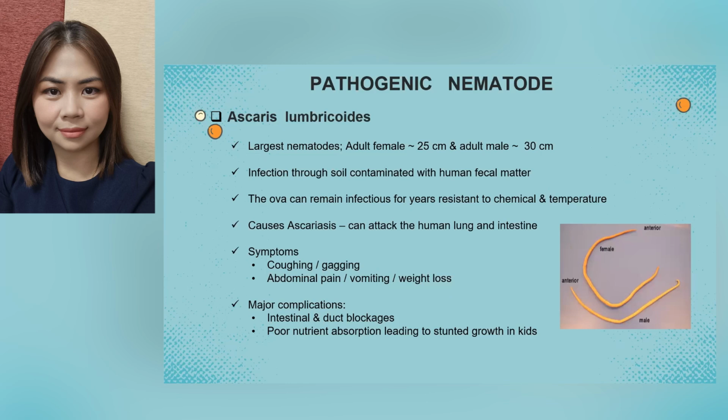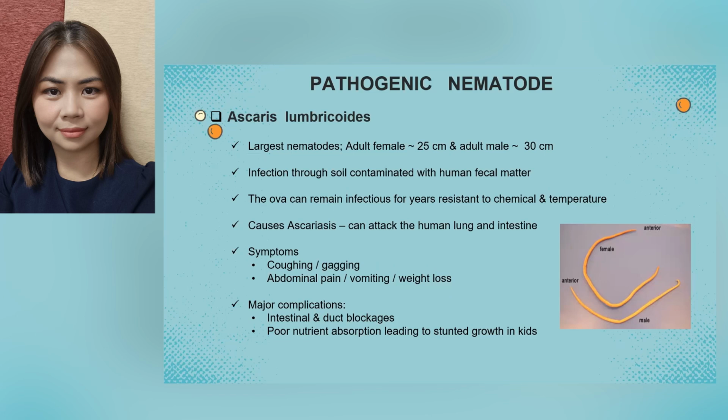Pathogenic nematode: Ascaris lumbricoides, the largest nematode. The adult male is 25 cm and the adult female can be 30 cm. Infection is through soil contaminated with human fecal matter.